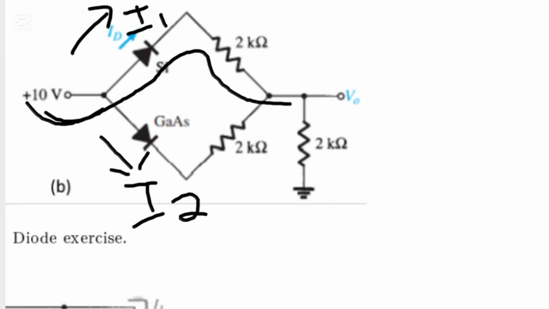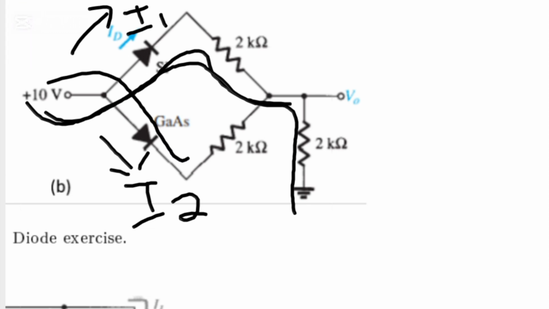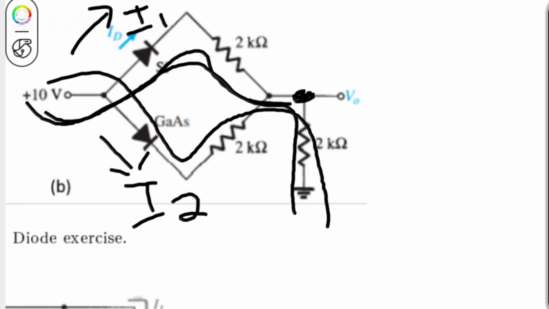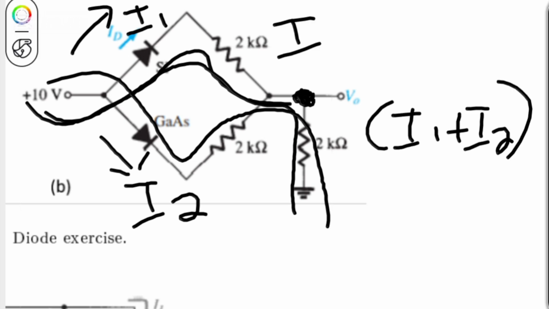When I use KVL, it comes across here and drops here. If I use the lower loop, the current will also go down. But at the end, when these two currents come to this point, I must have I1 plus I2. This shall now become I1, and this shall now become I2. So let's solve this problem and see.